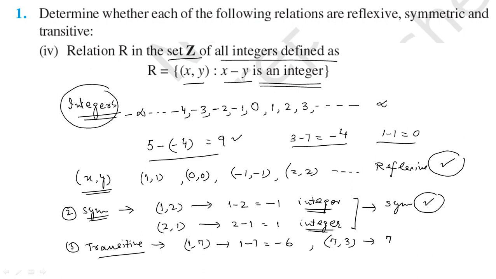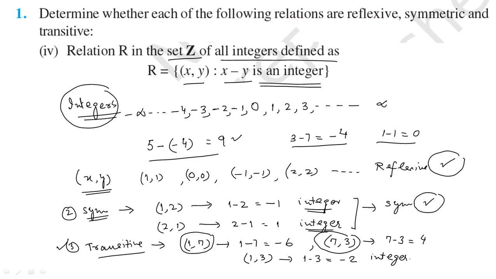Answer is 7 minus 3, that is 4. Again this one is integer. Now what about the next pair? 1, 7, 7, 3. The third combination is 1, 3. This one is 1 minus 3, answer is minus 2. This one is again integer. It means transitive nature is also there.